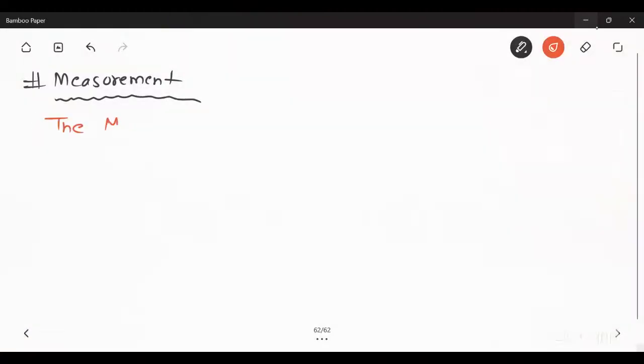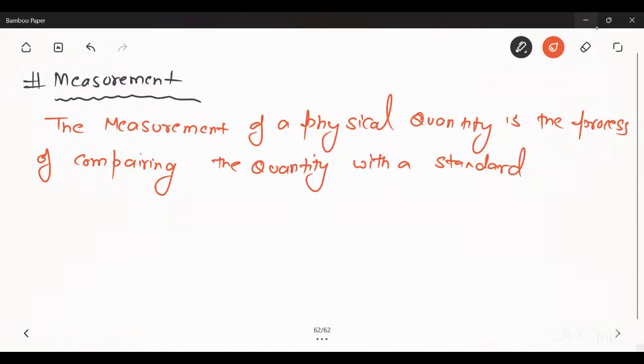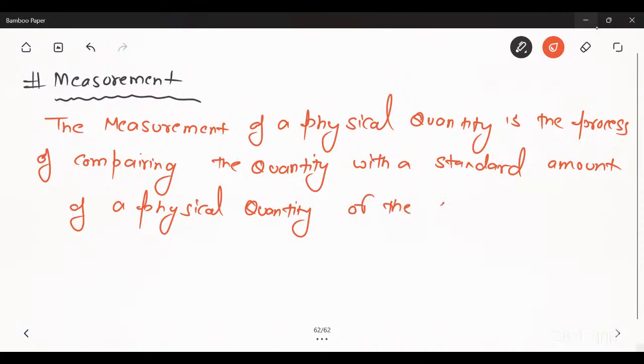The measurement of a physical quantity is the process of comparing the quantity with a standard amount of a physical quantity of the same kind. That means its unit.